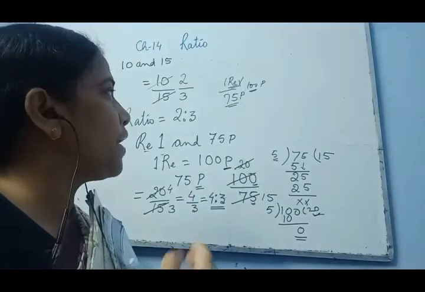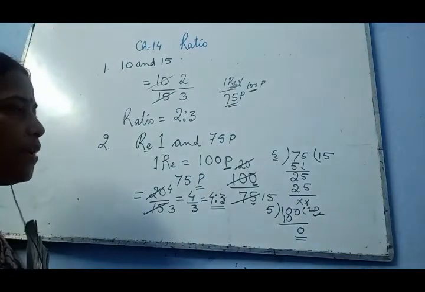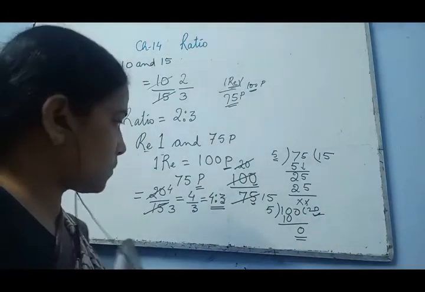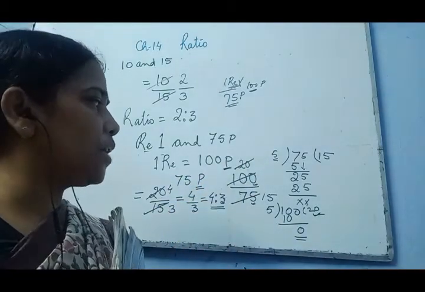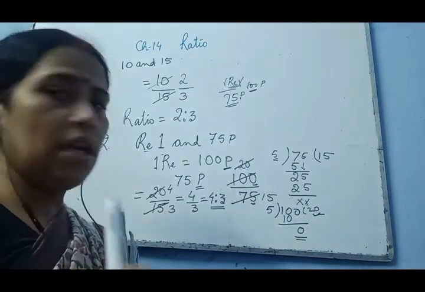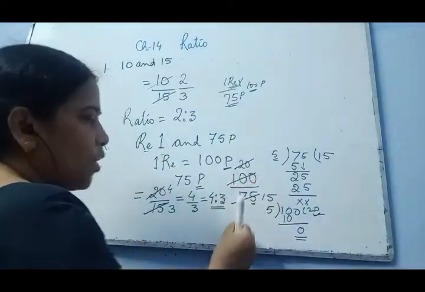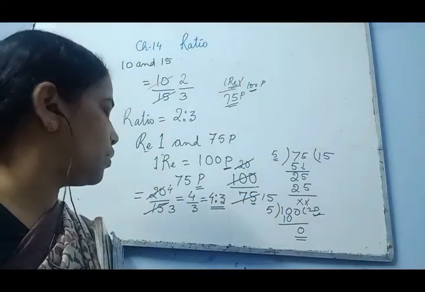Then we will find 100 paise divided by 75. Then you will get 100 by 75 divided by 5, get 20 by 15. Again we are going to cut it because it has not come in its lowest form. We have to convert into lowest form. Then what do you get? 4 by 3.